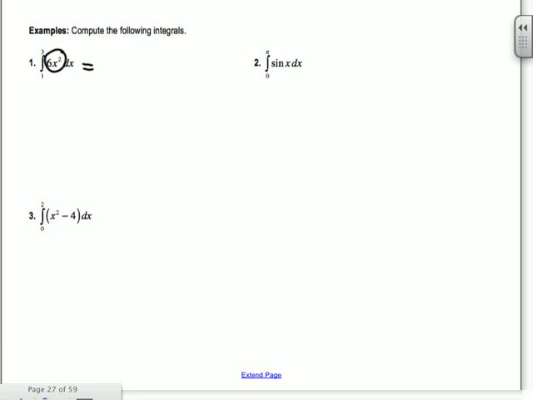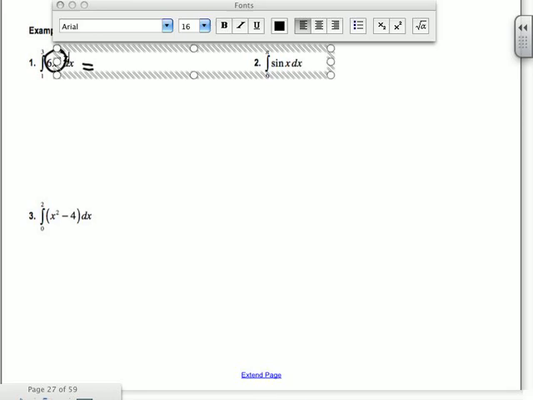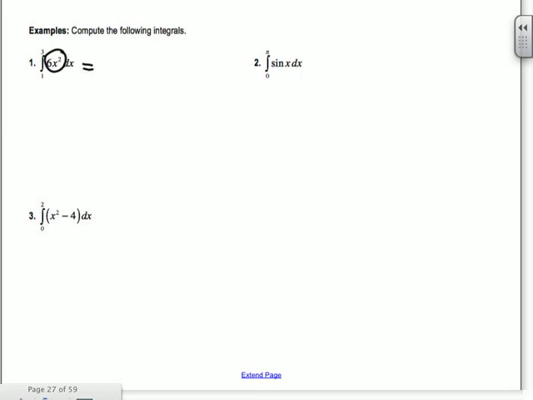Okay, so compute the following integrals. If I take the antiderivative of 6x squared, we're going to plug in 1 and plug in 3. So I have 2 times 3 cubed minus 2 times 1 cubed.